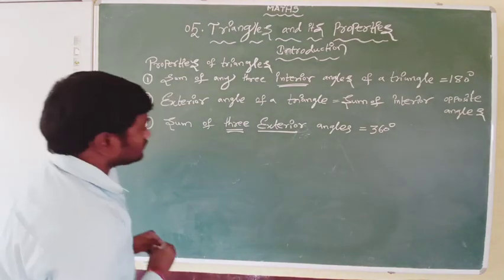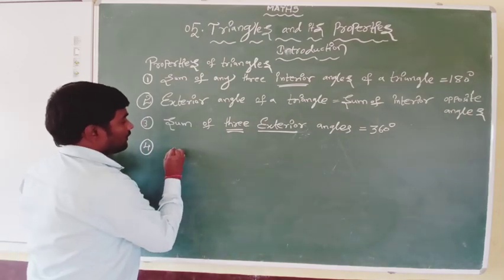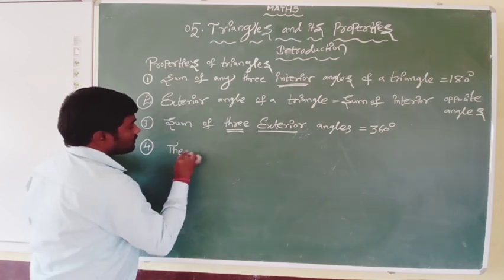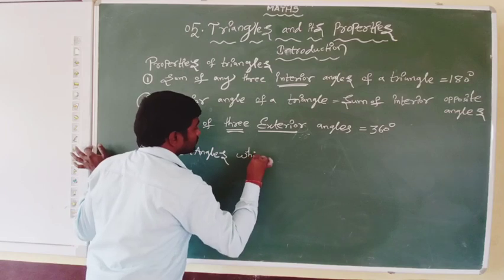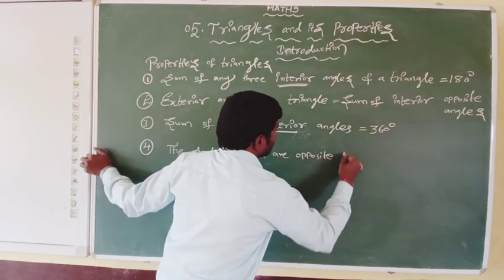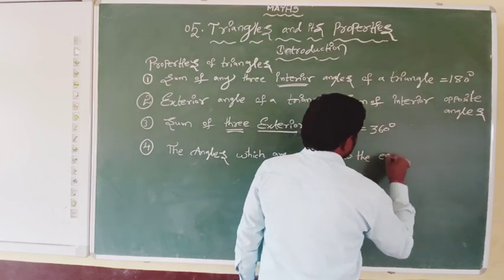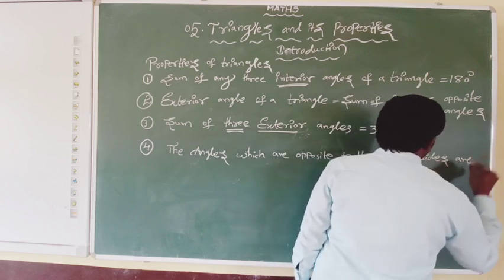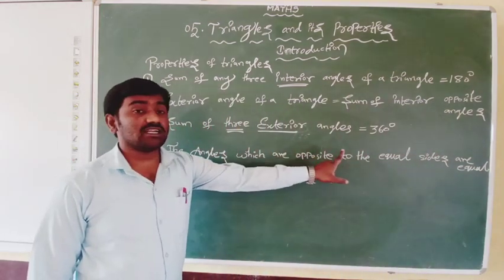And next, in an isosceles triangle, the angles which are opposite to the equal sides are equal.